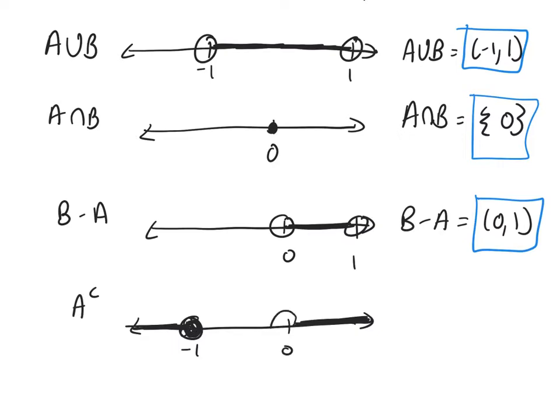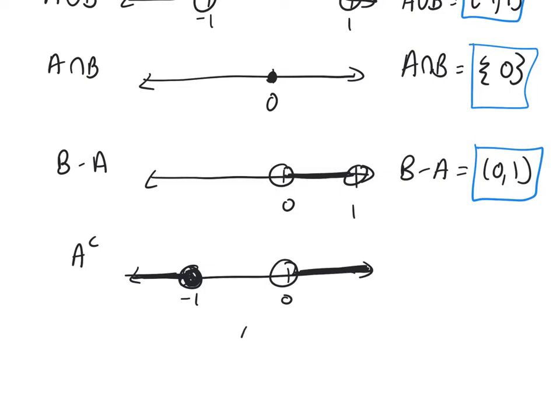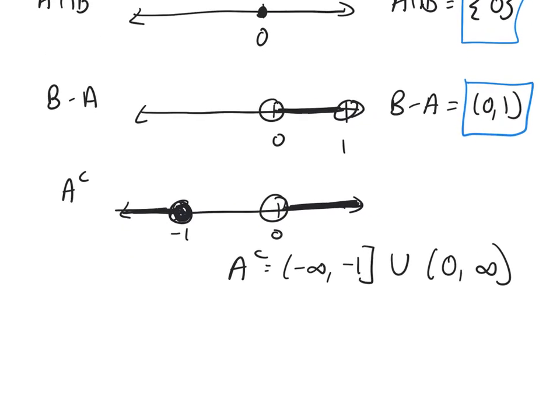At 0 it was filled in, and now it's open. So A complement would be, it's really two intervals, so -infinity to -1, with -1 included, union 0 to infinity. And there's A complement.